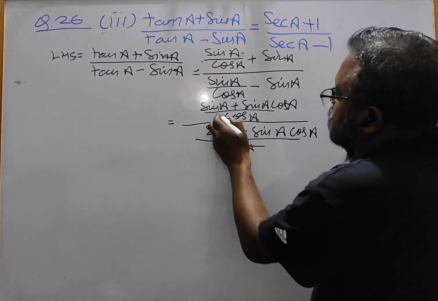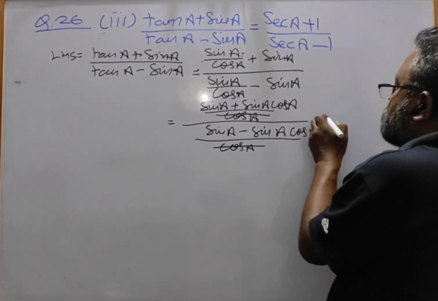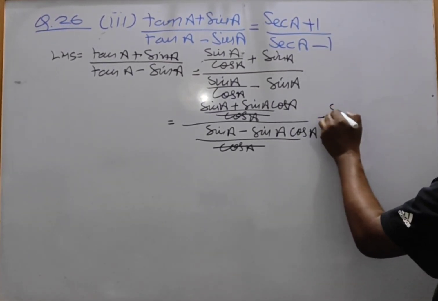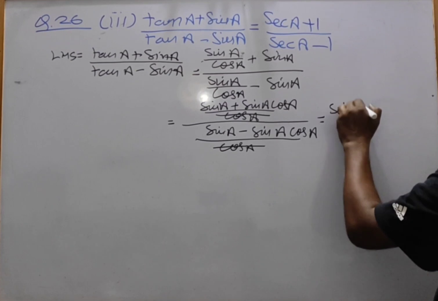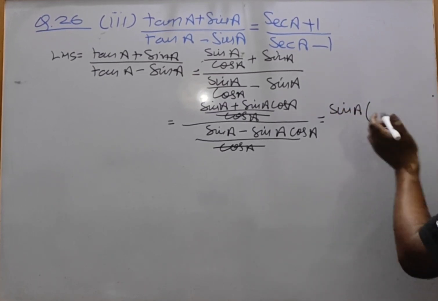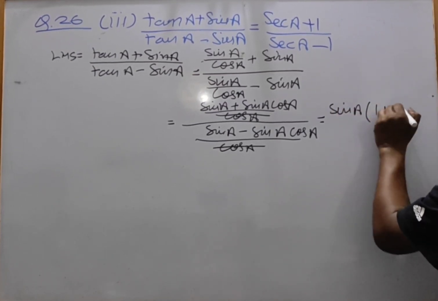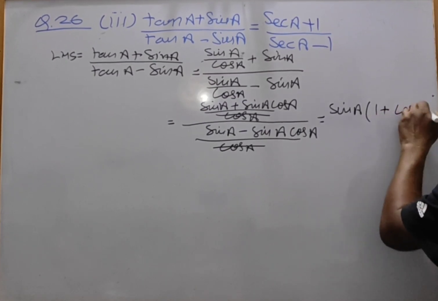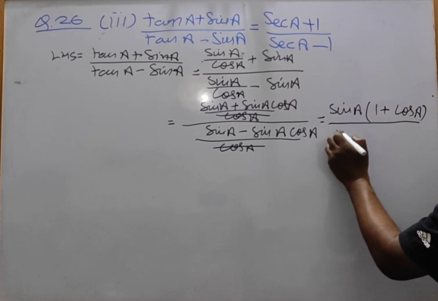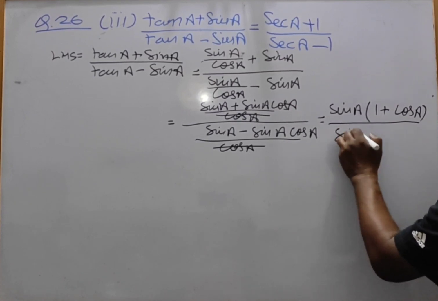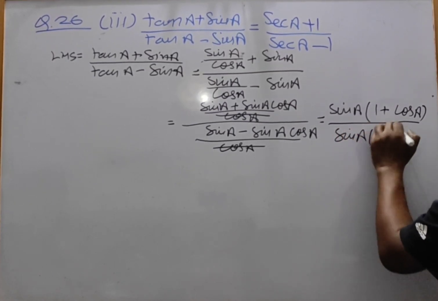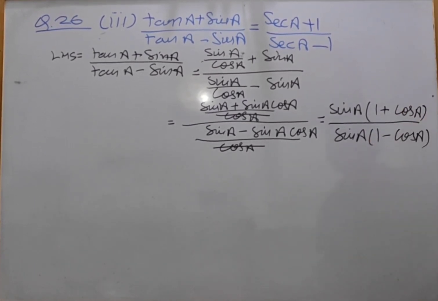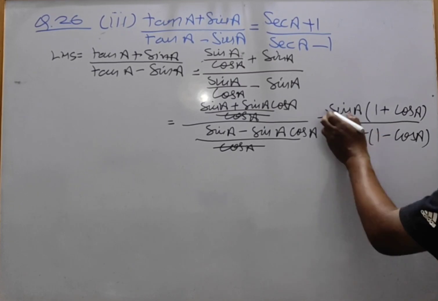This cos A is gone, and at last you get, sin A you have taken as a common, and you get 1 plus cos A upon sin A you have taken as a common, you get 1 minus cos A here. Get it? This sin A is gone.